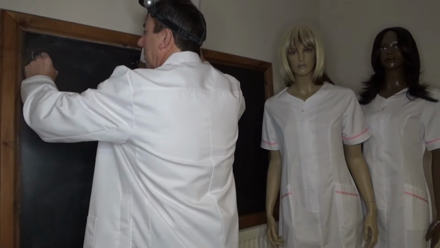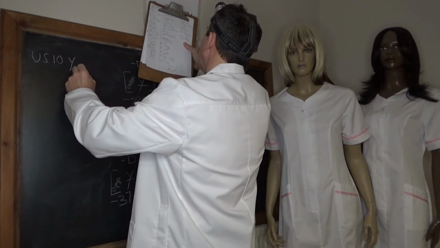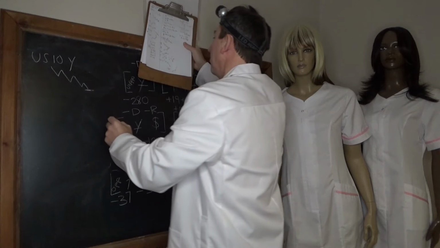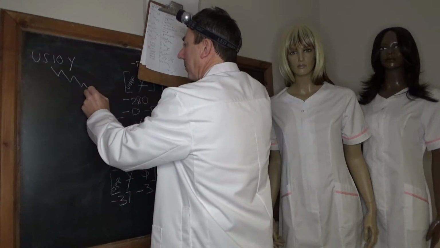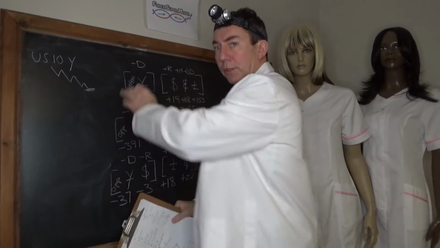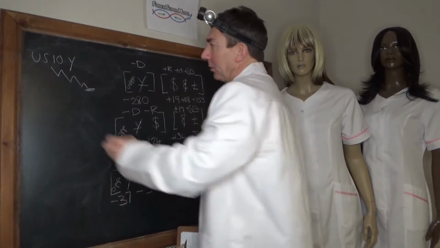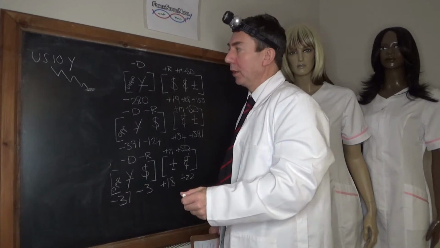US 10-year bond. What have we got on that? Basically, we're pretty much near the lows. It's just come up a very slight bit. So this is the price, remember. So yields are very strong at the moment. So we've got this strength in yields and reduction in price.